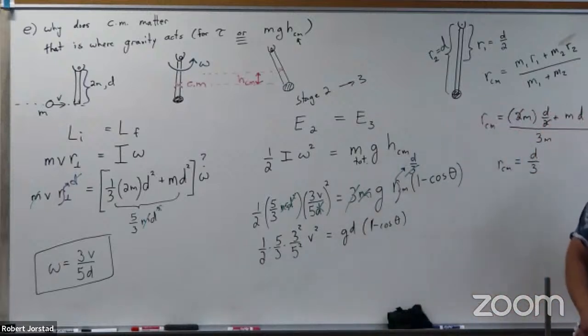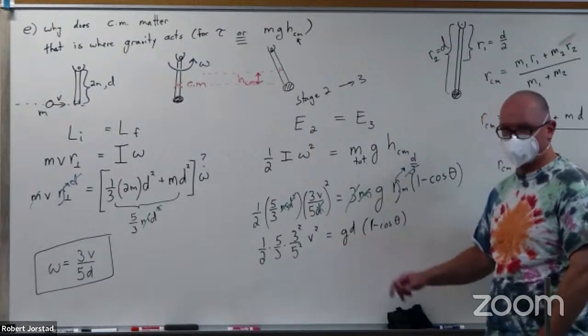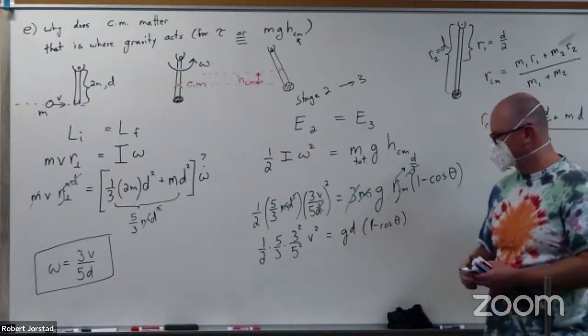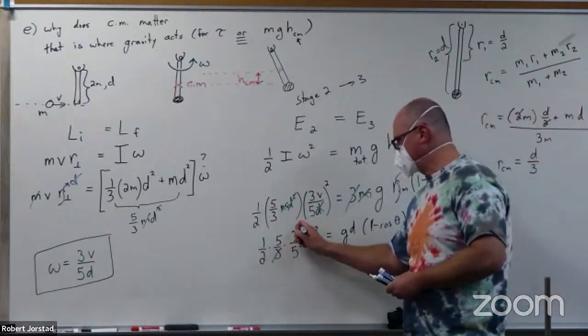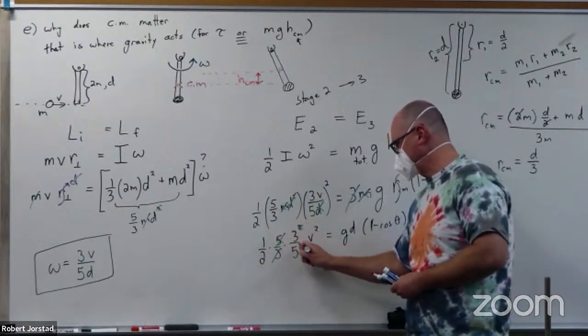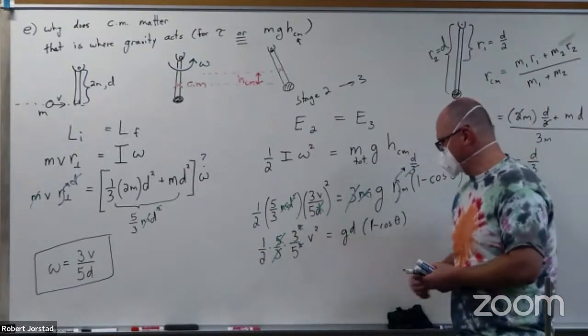What are we trying to find? What was the goal of this problem? Do you remember? Are we going to be able to do it? V was a given, G is a given, D is a given. Okay, let's clean this up. Now I can see that one of these 3's cancels, one of these 5's cancels, and it looks like I get 3 over 10 or something like that?